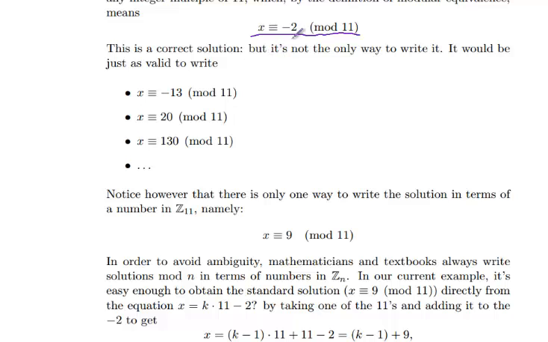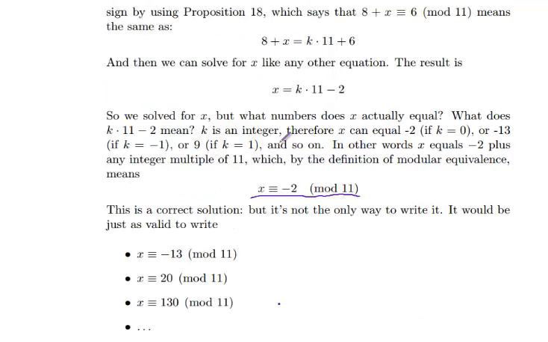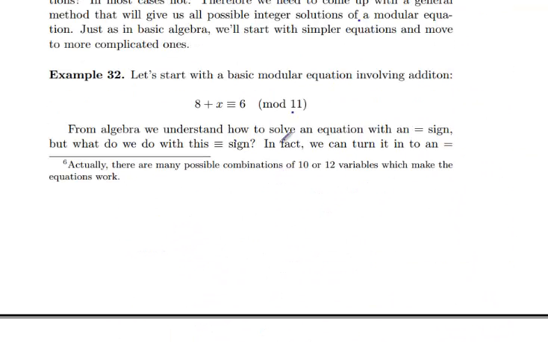We'd have to find a number between 0 and 10 that's different from minus 2 by a multiple of 11. And that turns out to be 9, because minus 2 plus 11 is equal to 9. 9 is equivalent to minus 2 mod 11 and it is a number in Z11. So this is the preferred way of writing the solution to this modular equation.